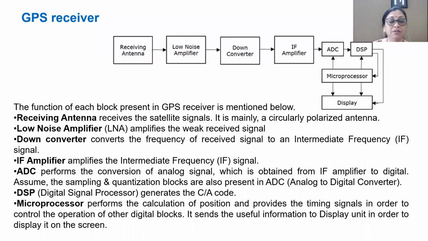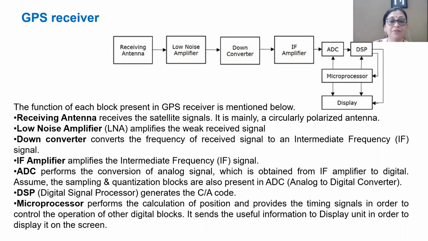Now, once the CA code is found, it will be applied to the microprocessor present in the receiver. The microprocessor will perform the calculations by using the algorithm or program stored in it, and with the help of these calculations, the position of a particular point of interest is found. Other timing signals and control signals to operate the whole receiver are also provided by this microprocessor.